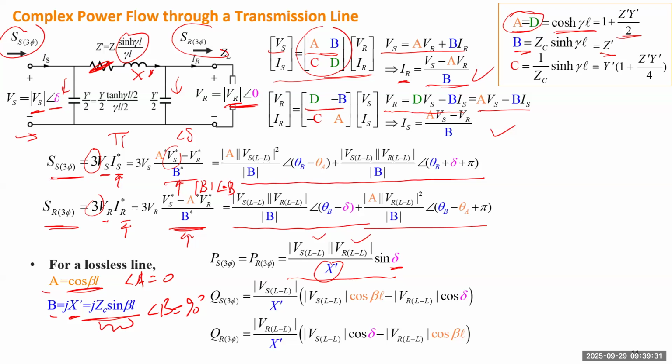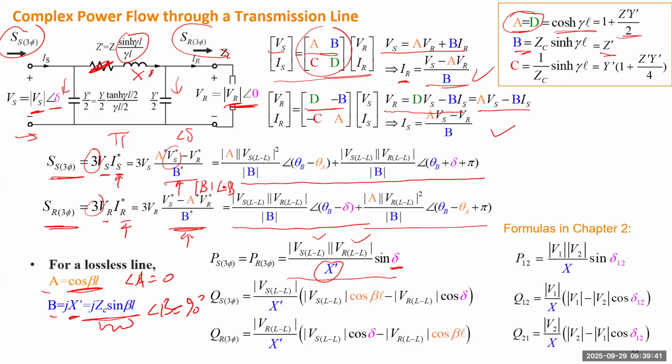So if we compare those three formulas to the formulas we derived back in chapter 2 for a very simple circuit, in chapter 2 we have P12 equals the product of V1, V2 divided by the total reactance, and then multiplied by sine delta, the angle difference. If you compare those two, they are completely in the same form.